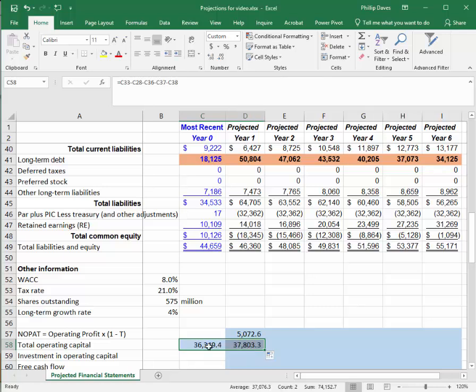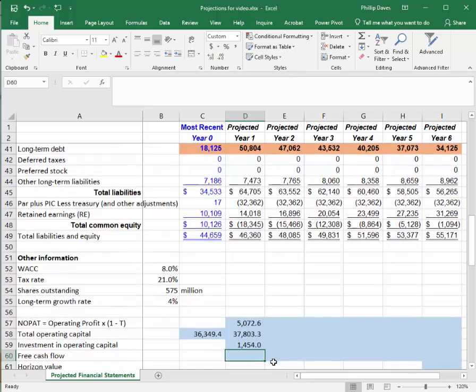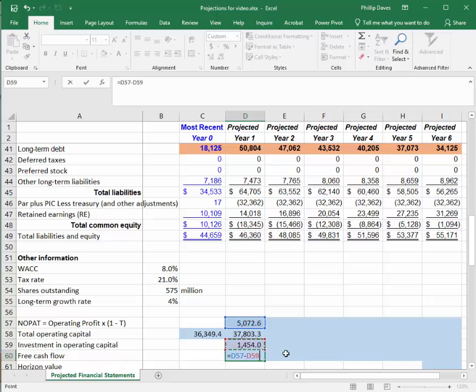That gives us $36 billion in last year, $37 billion in the current year, and that means our investment in total operating capital is this year's minus last year's, which is $1.454 billion. And so our free cash flow in the first year of projections is our NOPAT minus the $1.454 billion investment in operating capital.